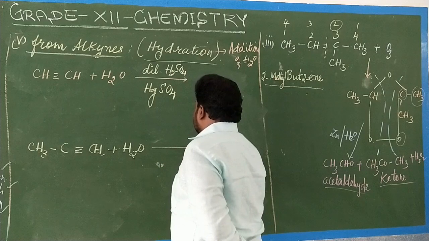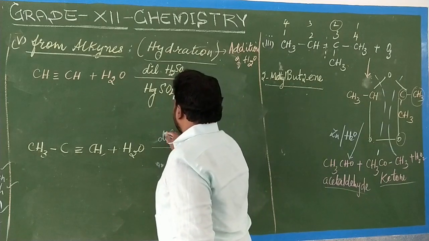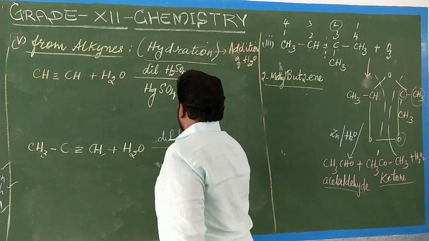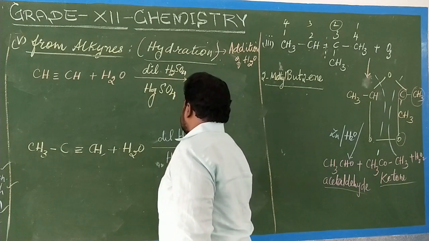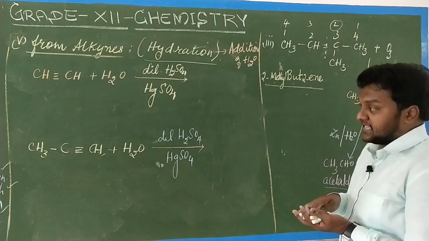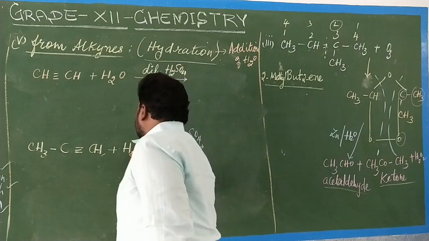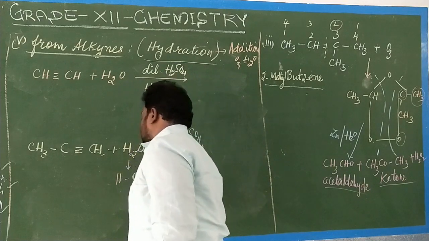Now this again on treatment with dilute sulfuric acid mixed with mercuric sulfate, what happens is that the water splits into H and OH.